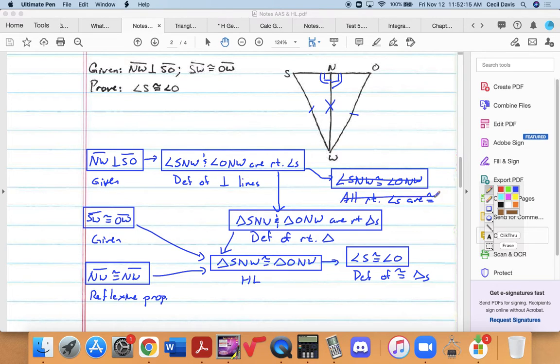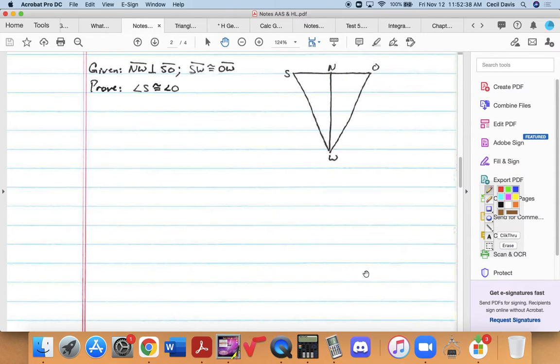It doesn't matter. You won't get any points taken off either way. But we just didn't need that step. Most of the time, we need to say that the right angles are congruent, but for hypotenuse leg, we don't. Again, it's not wrong if you have it. I'll just mark it out. As long as it's true, it's not a problem.